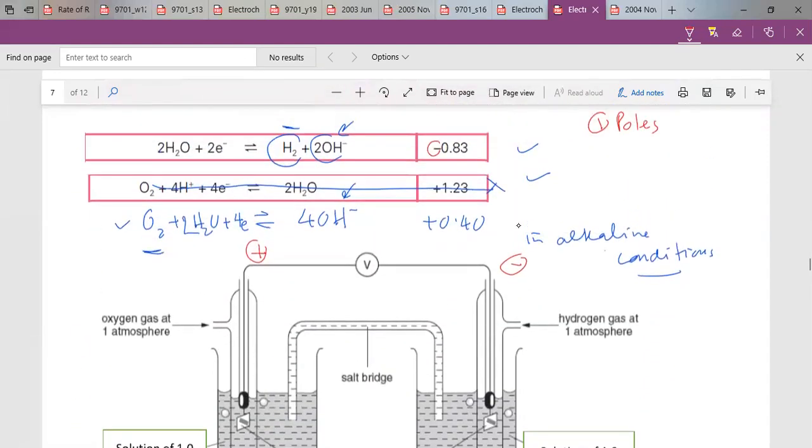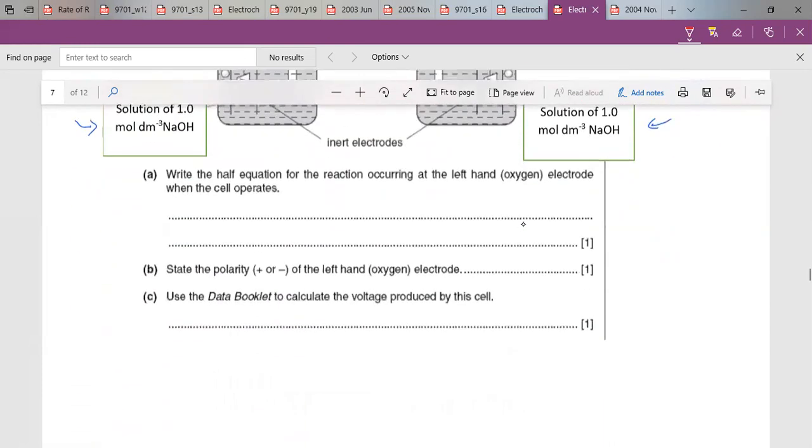The direction of electron flow: of course, it flows from the negative, which is the source of electrons. So here must be undergoing oxidation, and here must be undergoing reduction. Very simple.